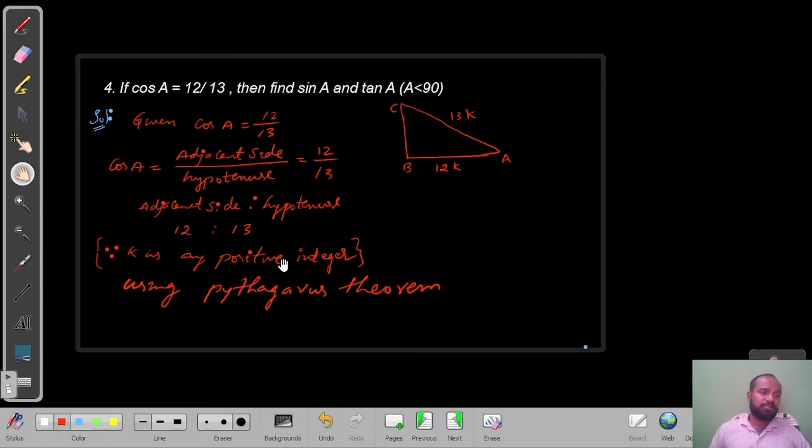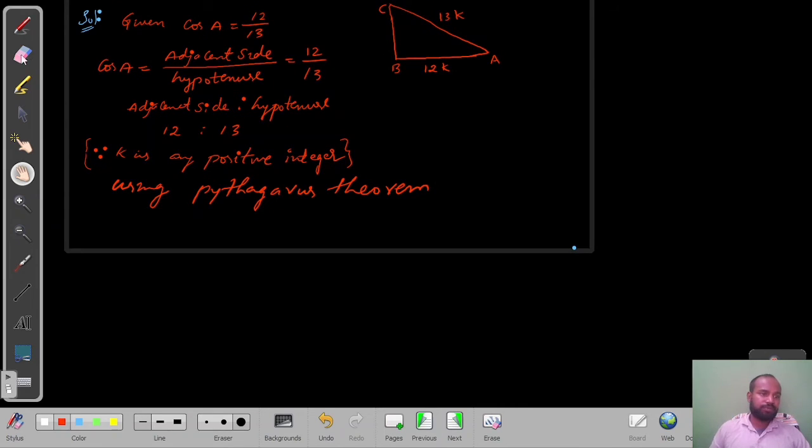As per the Pythagoras theorem, we get AC square is equal to AB square plus BC square, right? AB square plus BC square.